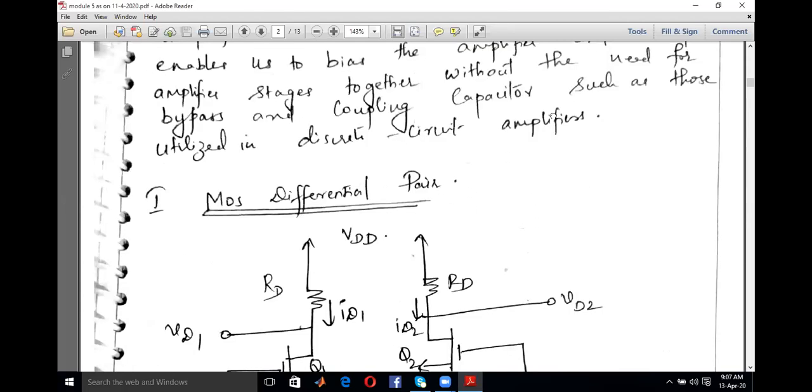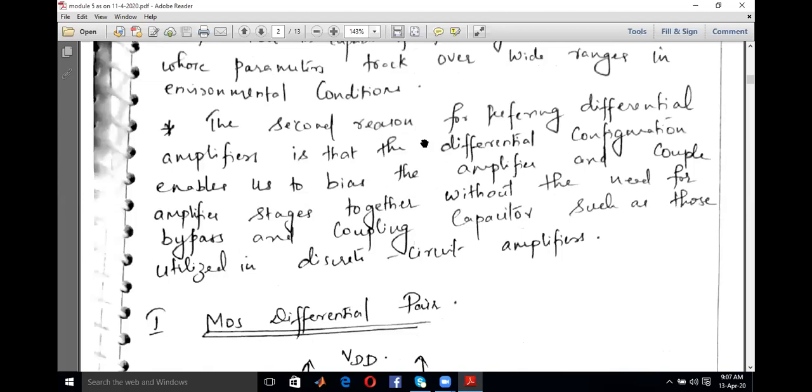The reason why we prefer this differential amplifier is that it enables us to bias the amplifier and couple the amplifier stages together without the need for bypass and coupling capacitors. We have a larger number of stages, as you are aware that increasing the stages will increase the gain of the amplifier, right? That is why we go for multiple stages.